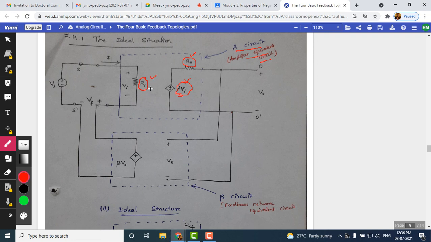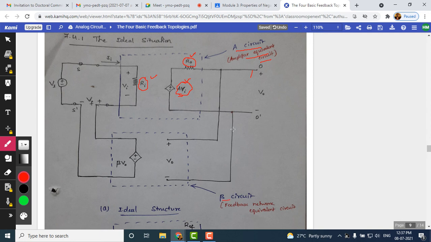An amplifier has an input impedance, an output impedance, and a source voltage which provides the output voltage. This is the equivalent circuit of a basic amplifier, and this is the equivalent circuit of the feedback network, also called the beta circuit.